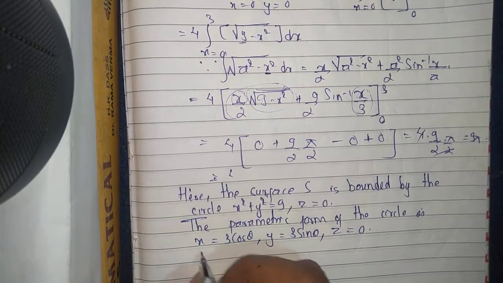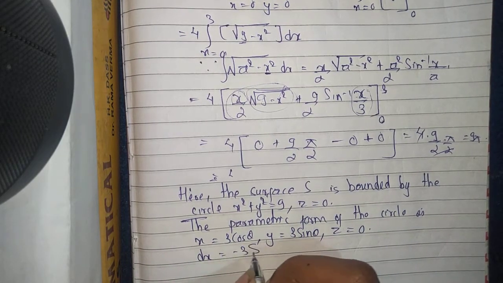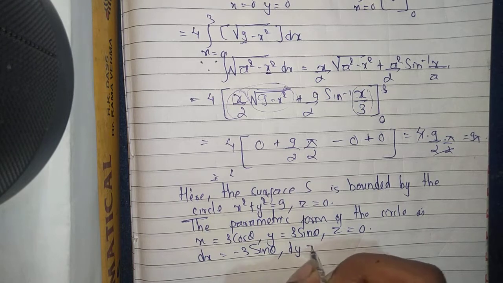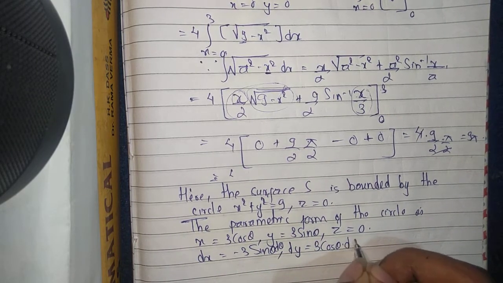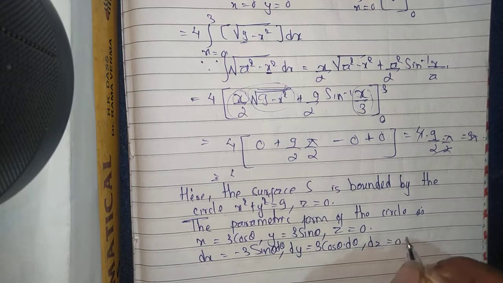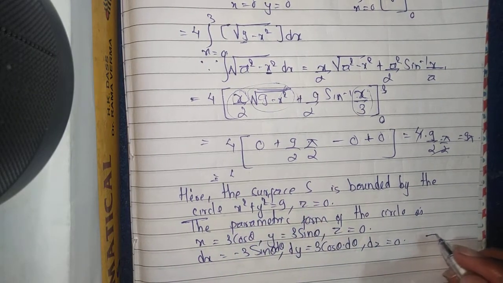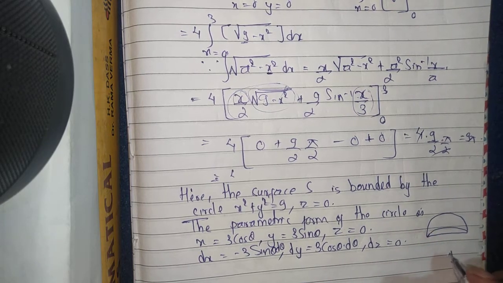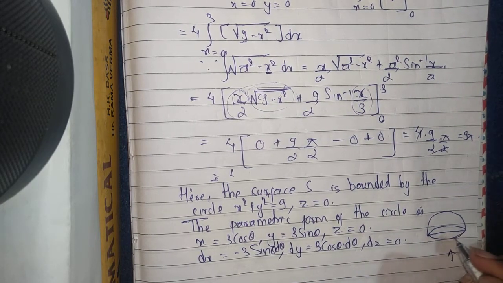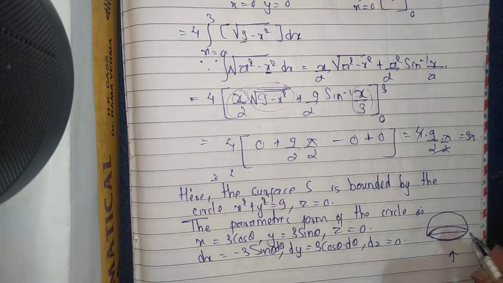So dx equals minus 3 sin theta d theta, dy equals 3 cos theta d theta, and dz equals 0. This is the equation of the circle. Let it be the upper half part of the sphere, and if you look from downward, then we can see the circle at its base.